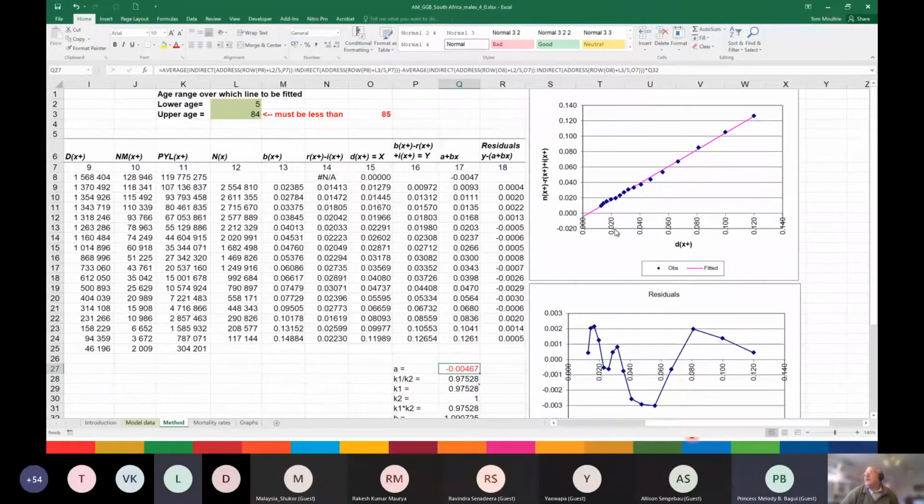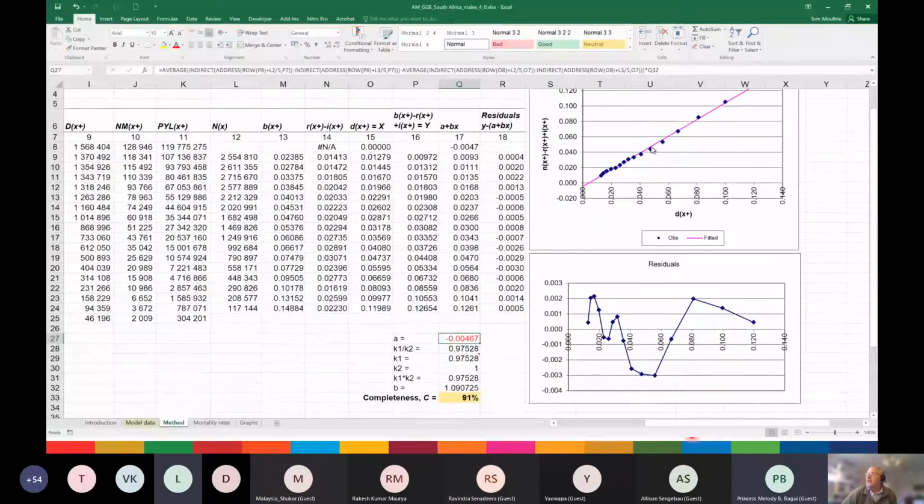In actually applying the model, you would want to specify as many ages as possible to which you can get these data points to fit on a straight line. As you can see, they all fit quite neatly on a straight line there. You would want the residuals between your observed data points and your fitted line to be fairly small. You can see these are of the order of 3 per thousand down to -4 per thousand.